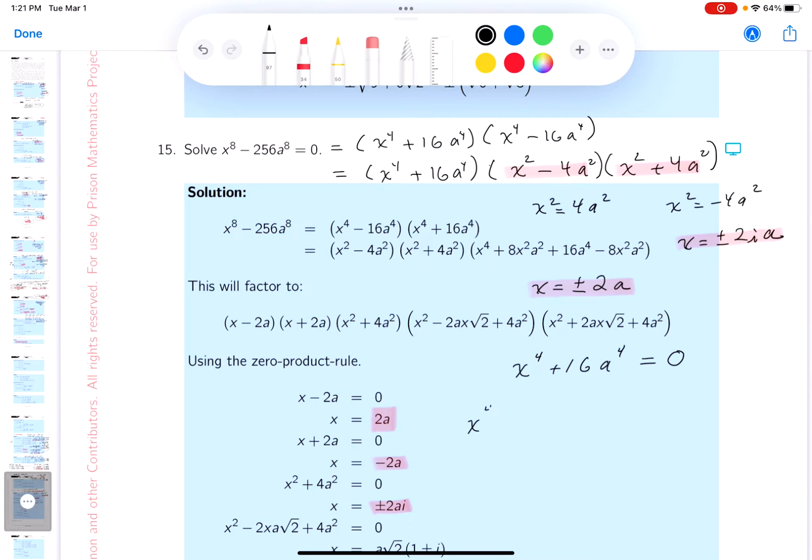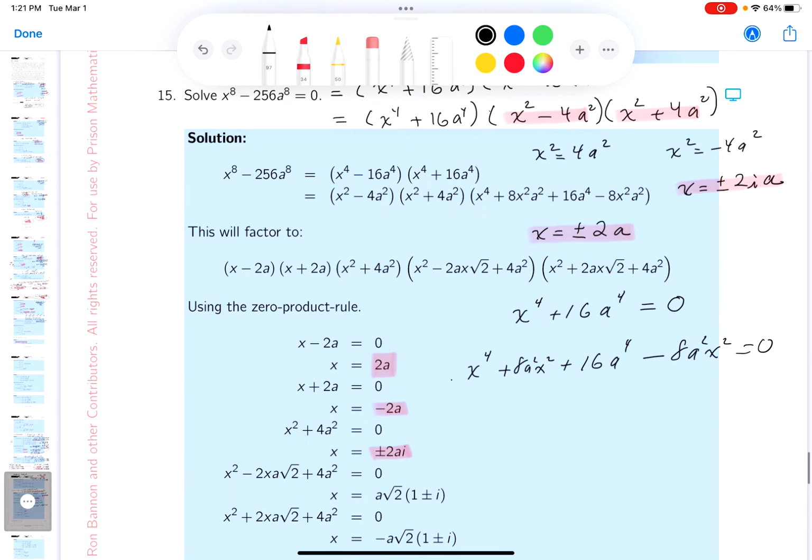So x^4, there's something missing here, plus, well, that's really 4a squared, right? So it's going to be 8a squared x squared, and then 16a^4, and then I got to subtract it away. And this is still equal to 0.